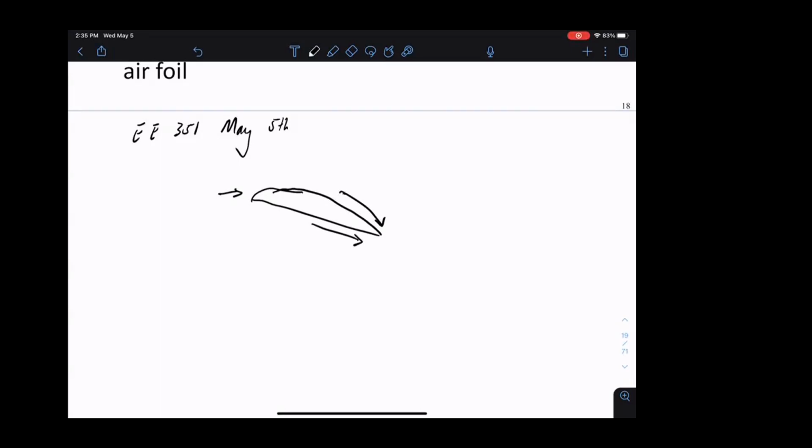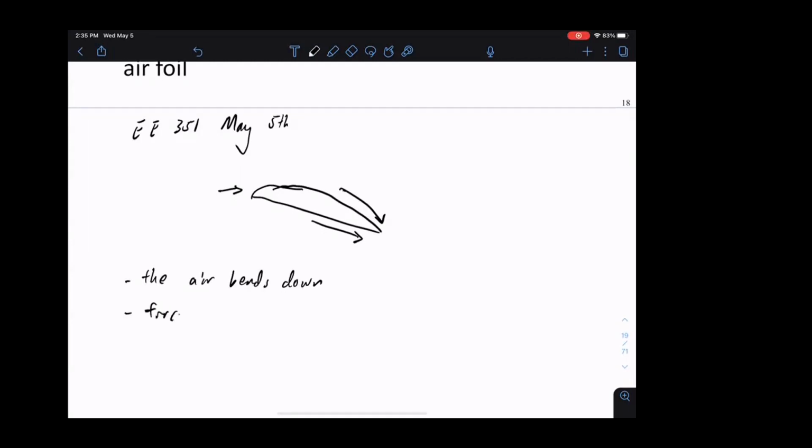So Newton's third law says if the air bends down, there is a force upward on the airfoil. So the airfoil experiences a force going upwards because of Newton's third law, and that's how we generate lift.